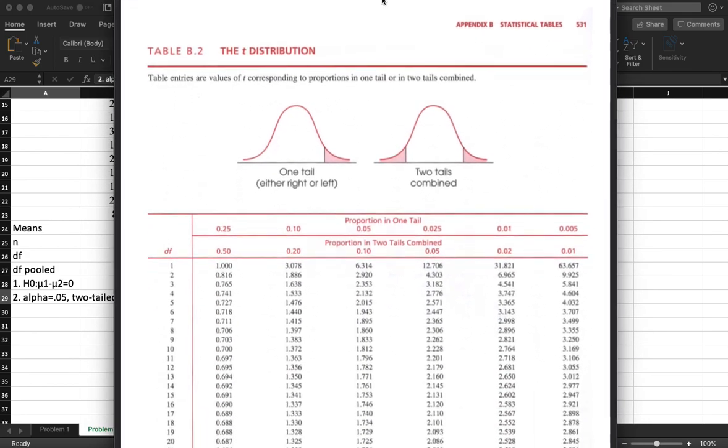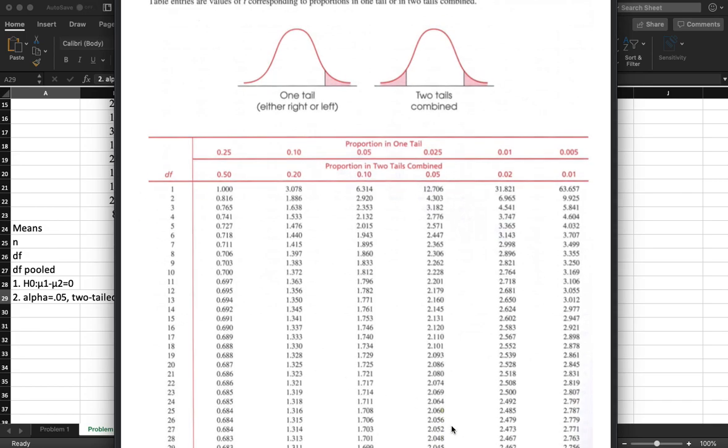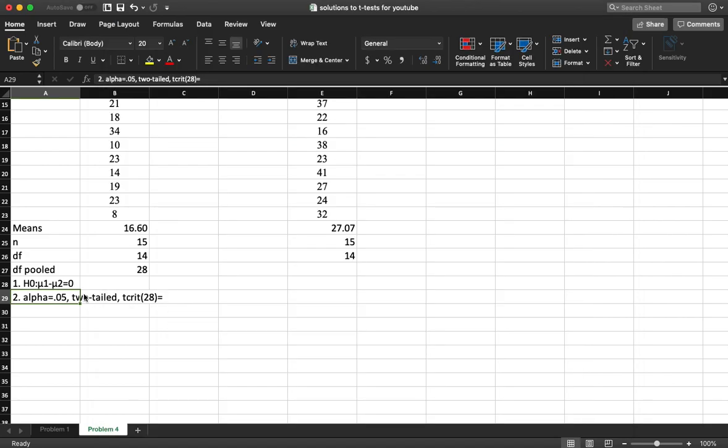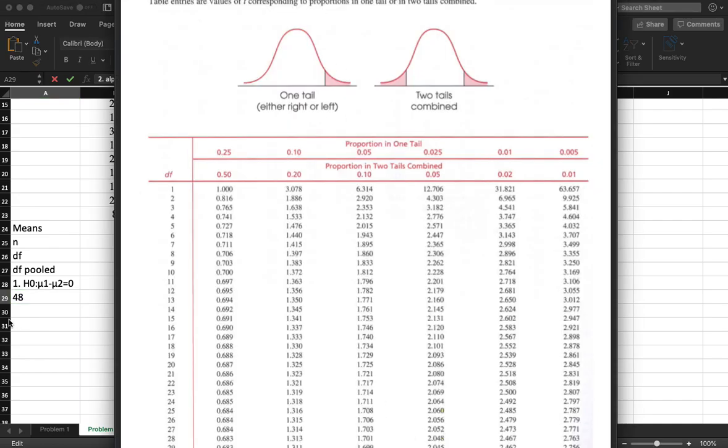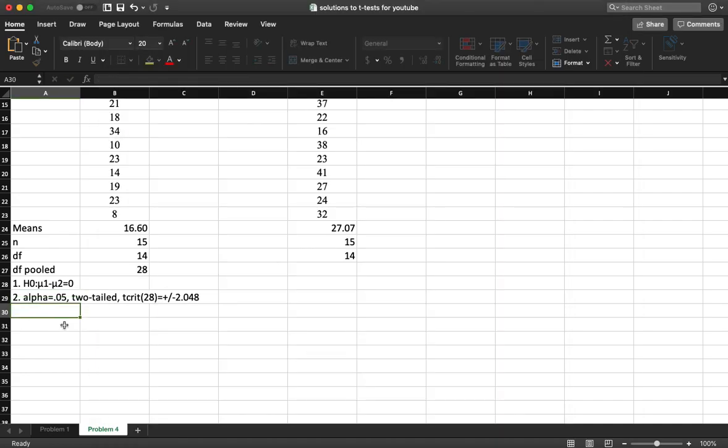So we'll go down in alpha of 0.05, two tails combined, and we'll scroll down here until we get 28. So it's 2.048, except it's not. It's actually plus or minus 2.048 because I said it was two-tailed. So we'll say plus or minus 2.048. That's right. Great. Okay. So there's our t-crit.